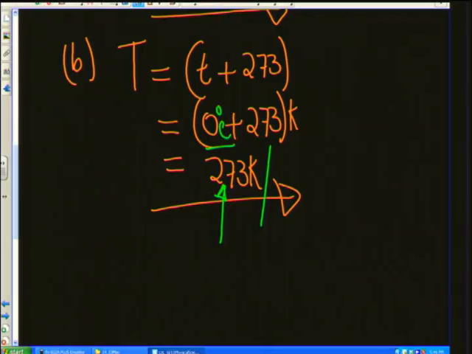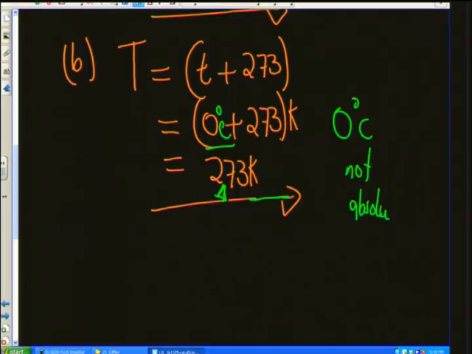Now, this is what we call our absolute zero. Actually, I need to re-explain what I'm saying here, because I didn't say it as correctly as I should. What I'm saying is that 0 degrees Celsius is not absolute zero in terms of temperature.